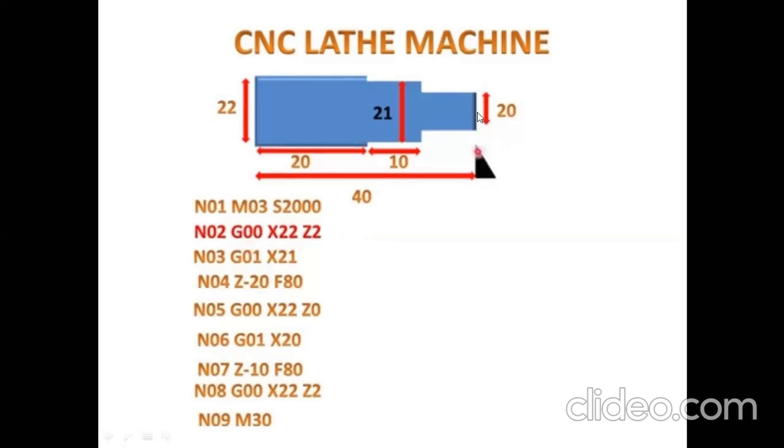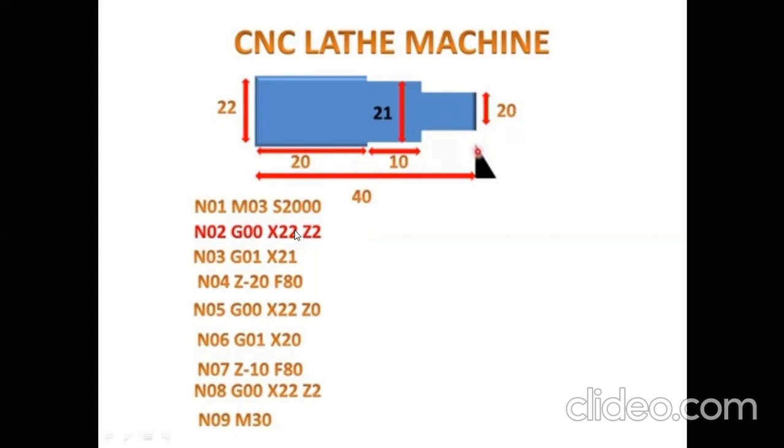If this is your 00 position, your tool is moving to X22, which means at this location your X is 22, because upward downward direction represents your X parameter, and forward backward motion represents your Z parameter. Z is at 2 mm away from your workpiece. This is your second line.